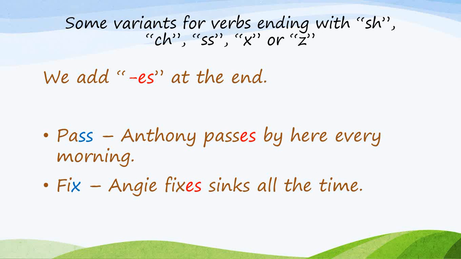Now, some variants for verbs ending with sh, ch, double s, x, or z. We add es at the end of the verb.